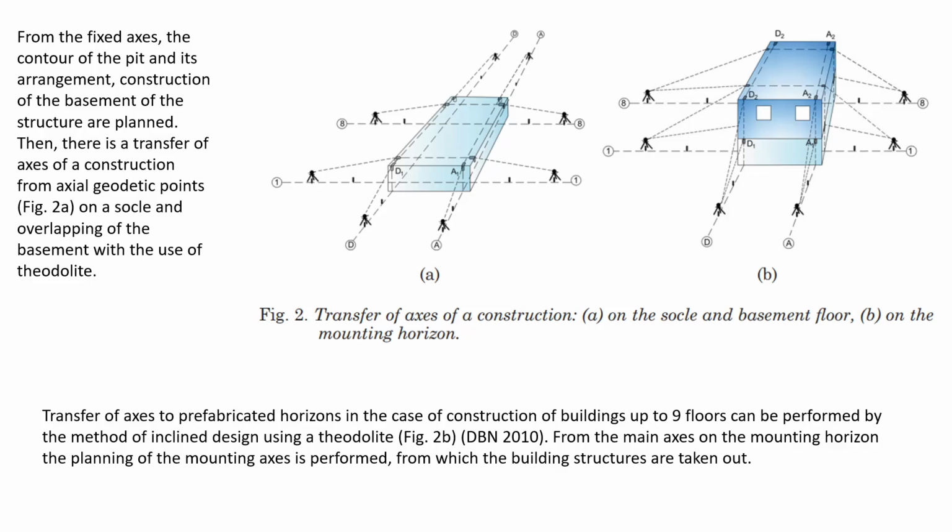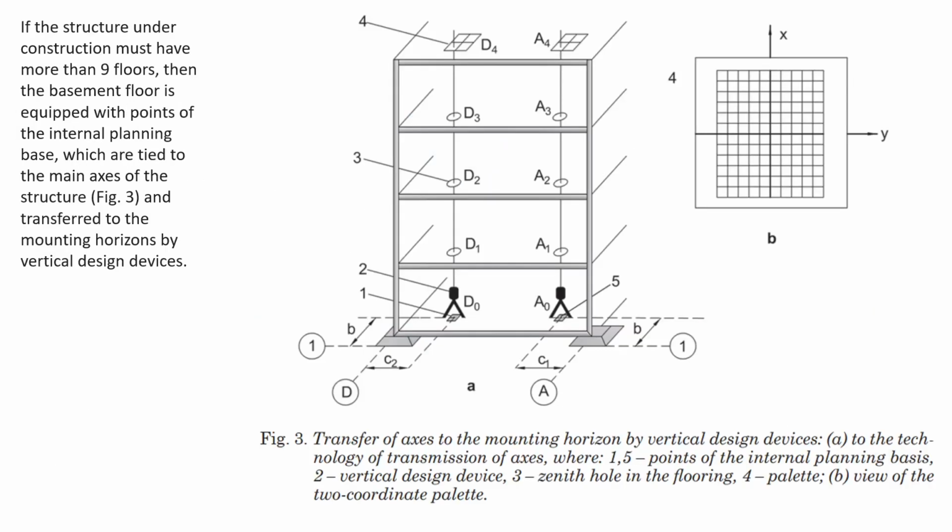Transfer of axes to prefabricated horizons in the case of construction of buildings up to 9 floors can be performed by the method of inclined design using a theodolite. From the main axis on the mounting horizon, the planning of the mounting axis is performed, from which the building structures are taken out.